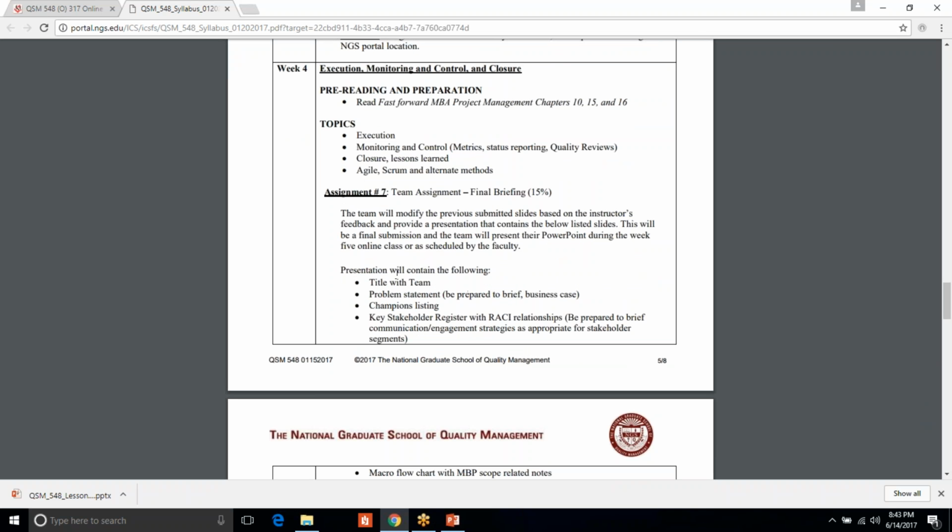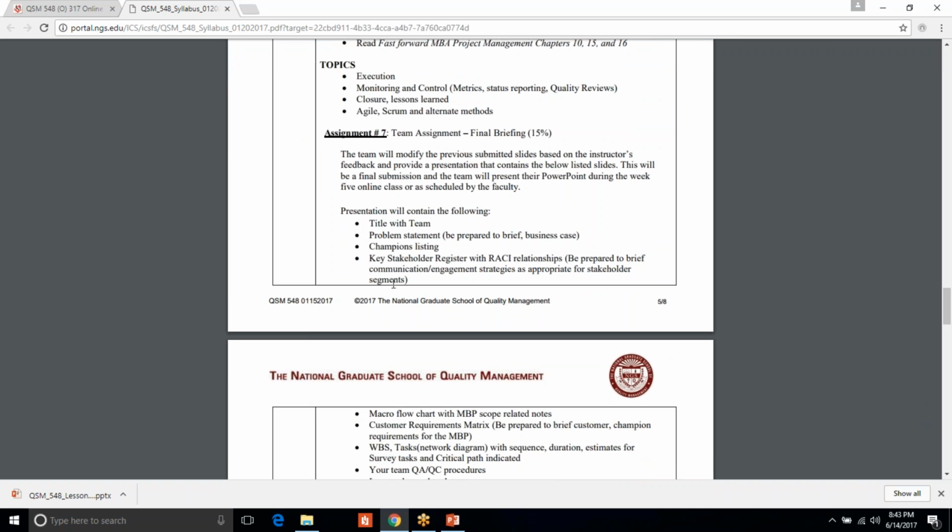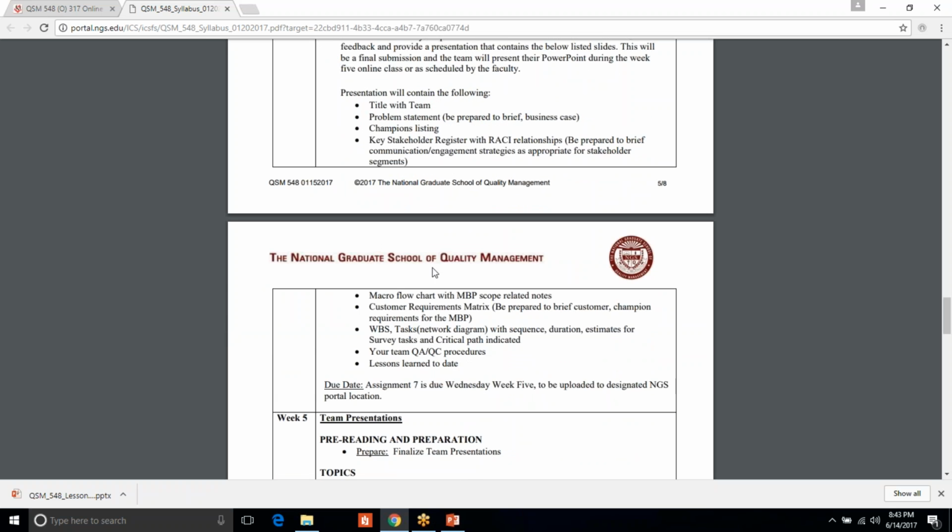Okay. So what I'm looking for is a slide with the title of the team, problem statement, champion listing, your key stakeholder registry. Be prepared to talk about communication engagement strategies as appropriate. Your flow chart, your customer requirements matrix.